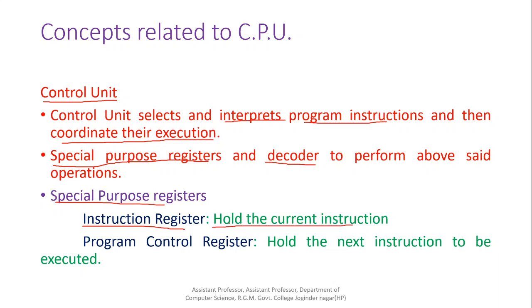So it always holds the current instruction. The other special purpose register in the control unit is the program control register, and it holds the next instruction to be executed.